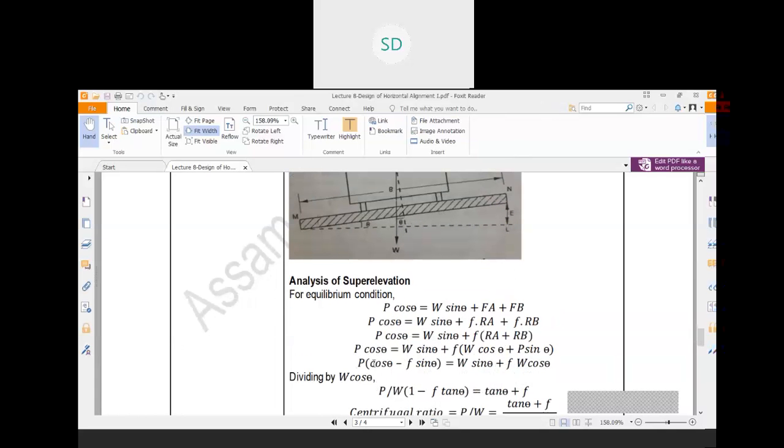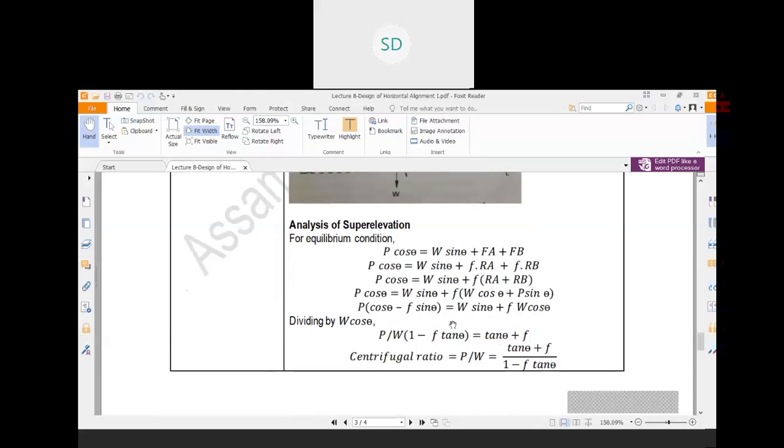So you can arrange this: P cos theta minus F P sin theta equals W sin theta plus F W cos theta. You are just rearranging the formula.